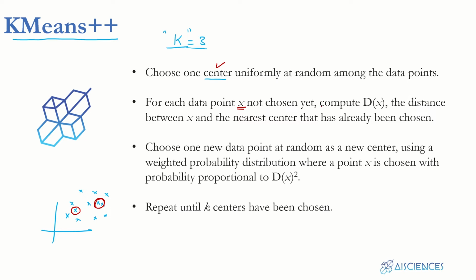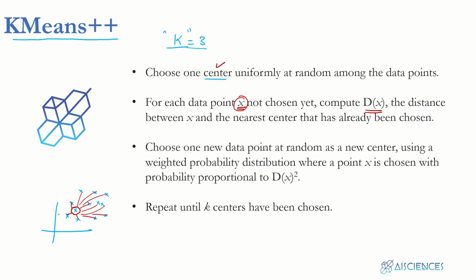For each data point x that is not chosen yet, you compute the distance of that point from the already chosen point. Think, for example, in this particular case, let's say you already have chosen this point, and now what you do is you compute the distance of all other points from this already chosen point.